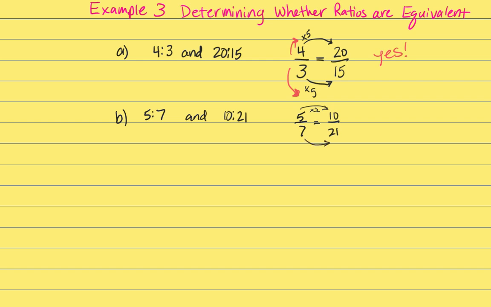That means this has to multiply by 2, because I do the same thing on the top as I do on the bottom. What is 7 times 2? Well, it's 14. So this would not be equal, because 7 times 3 would be 21. So the answer would be no. And I like to just put a slash through the equal sign like that.